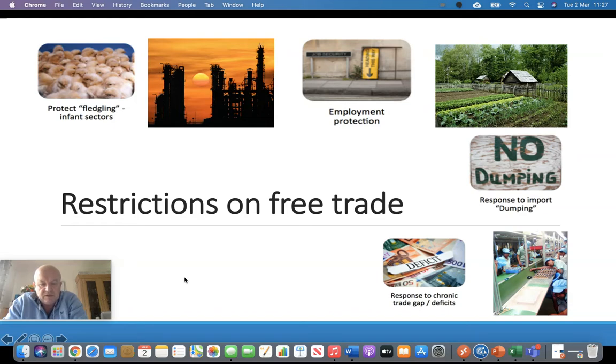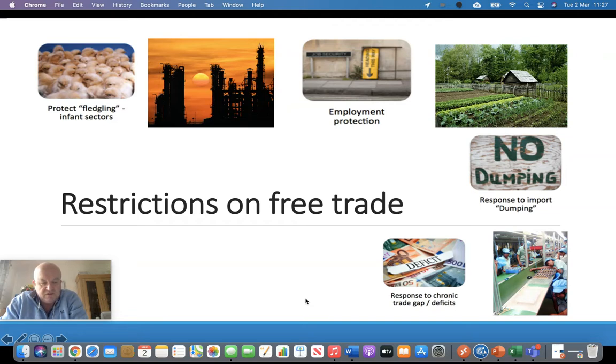Now, there are a number of reasons, and this first introductory slide gives you some as examples, and we'll look at each one of these in a little bit more detail. But there are a number of legitimate reasons why a country, or an economy, might choose to restrict free trade, and some of those are listed there.